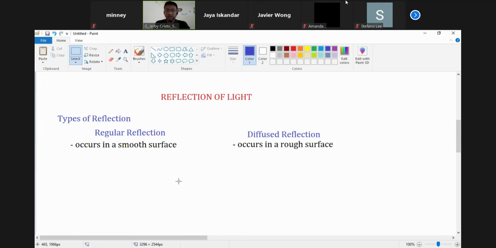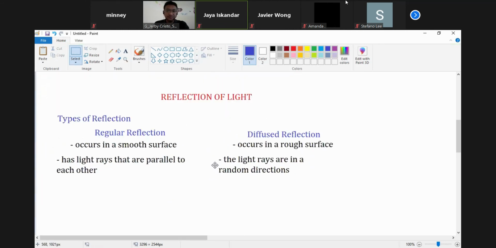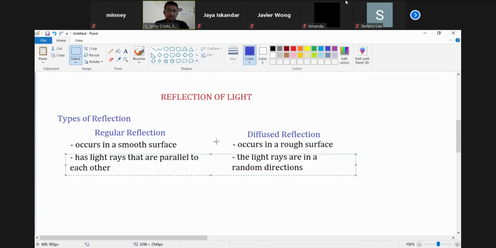Okay, that makes sense. Or shall we say, in regular reflection, the light rays reflected from the surface are parallel to each other, while in diffuse reflection, the light rays are in random directions. So if we compare the reflection in a smooth surface and in a rough surface, we can illustrate it this way.